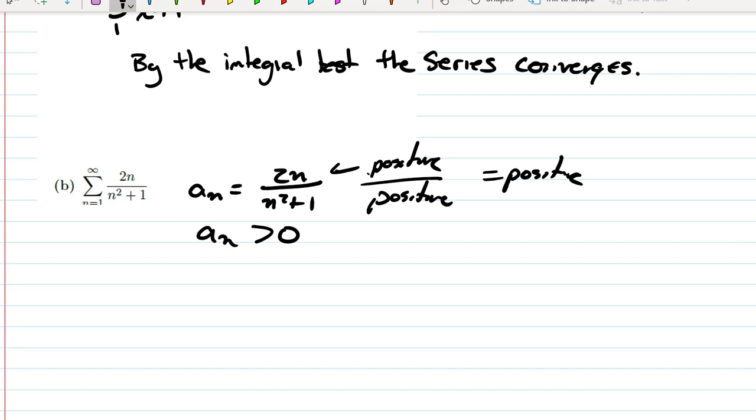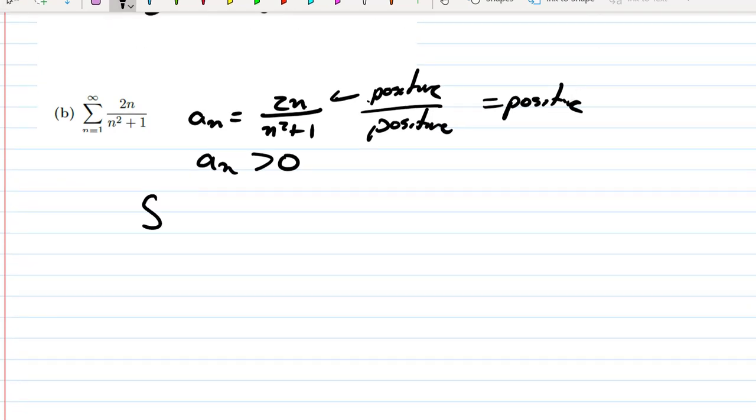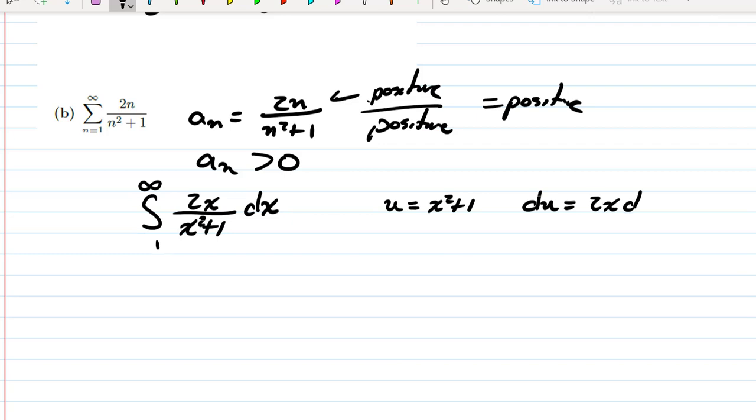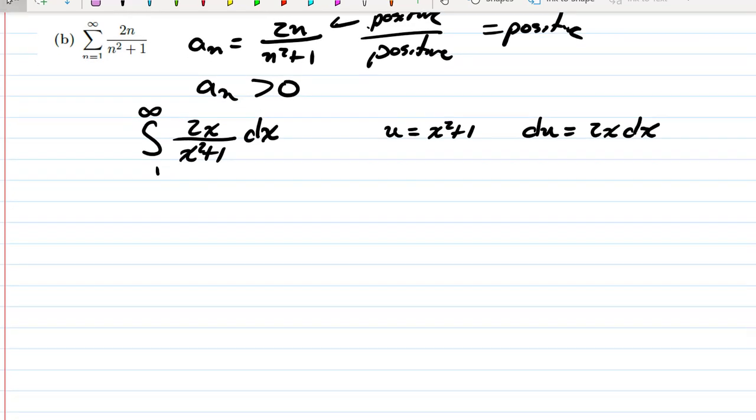So the integral test applies, and now we need to integrate from 1 to infinity of 2x all over x squared plus 1 dx. To evaluate this integral, we'll use the u substitution, u equals x squared plus 1. Then du is equal to 2x dx. Substituting into our integral, if x is 1, 1 squared is 1, 1 plus 1 is 2, so the integral goes from 2 to infinity; infinity squared is infinity, infinity plus 1 is still infinity.